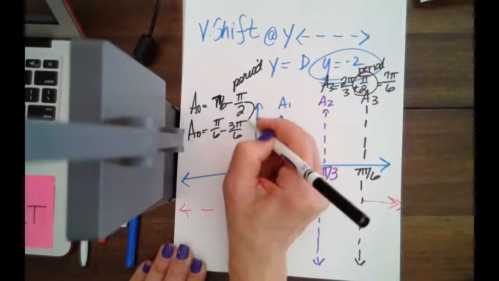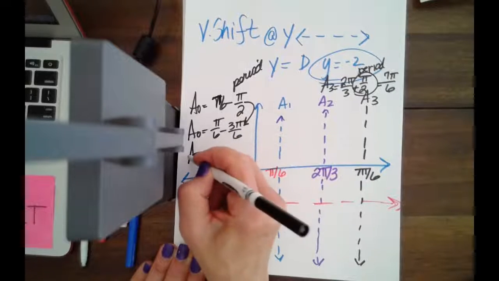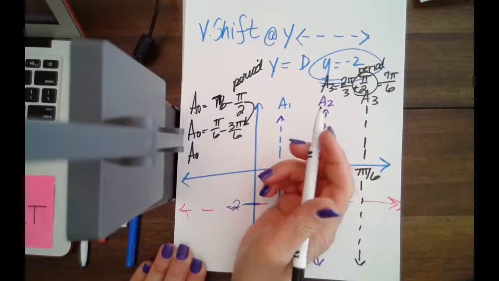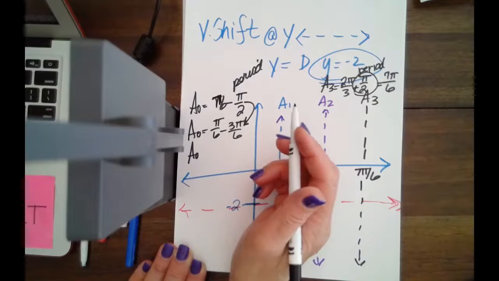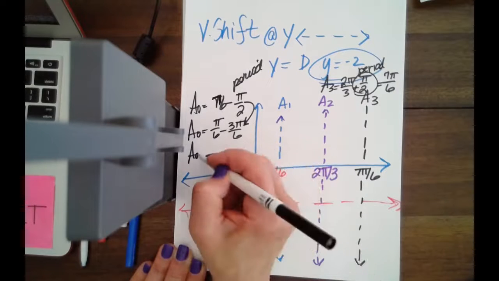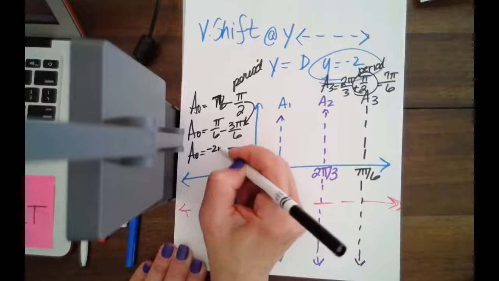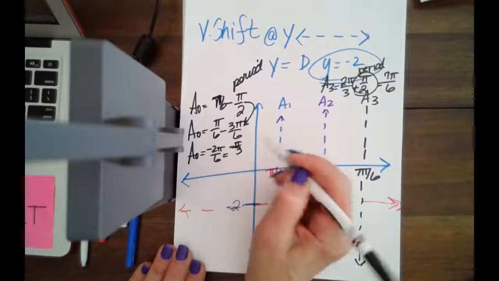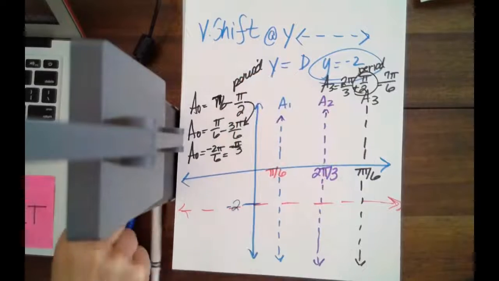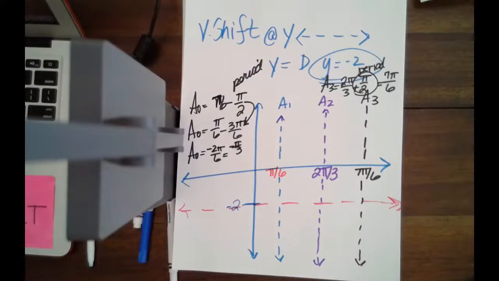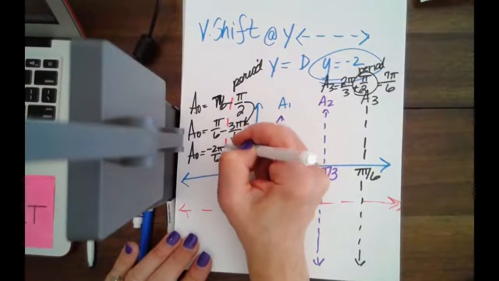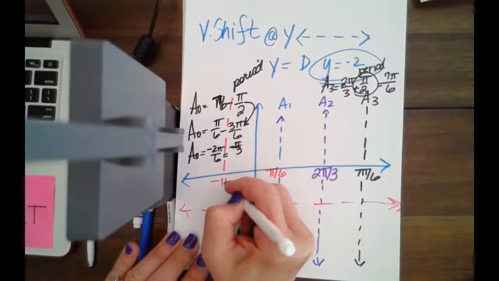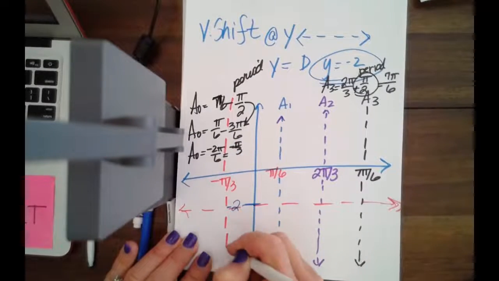I just converted pi over 2 to that. So a sub 0, which is our next asymptote, is going to be equal to negative pi over 3, because this gives us negative 2 pi over 6, which reduces to negative pi over 3. I'm going to be writing on top of that here. I apologize for that. I'll try to do it in red so you can see it. So this is our next asymptote at negative pi over 3.